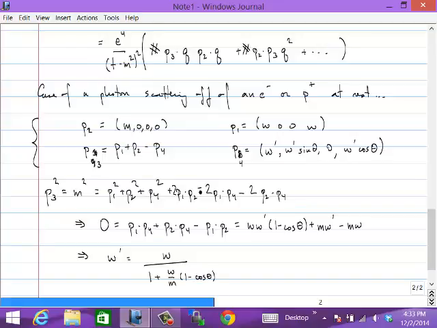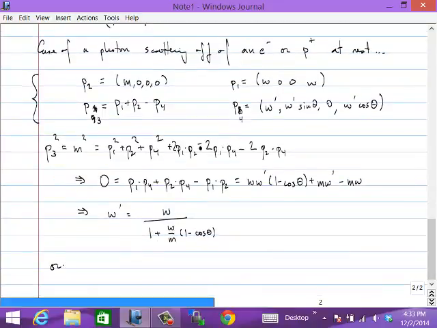Okay. Or, if you want to write this in terms of the wavelength of the final photon in terms of the initial photon, so wavelength is 1 over frequency. This tells you that if you have the scattering of a photon off of an electron in the rest frame, the frequency of the photon will change by an amount that depends on the scattering angle.